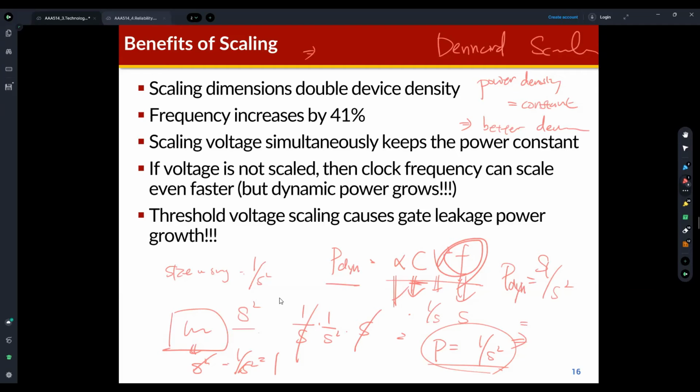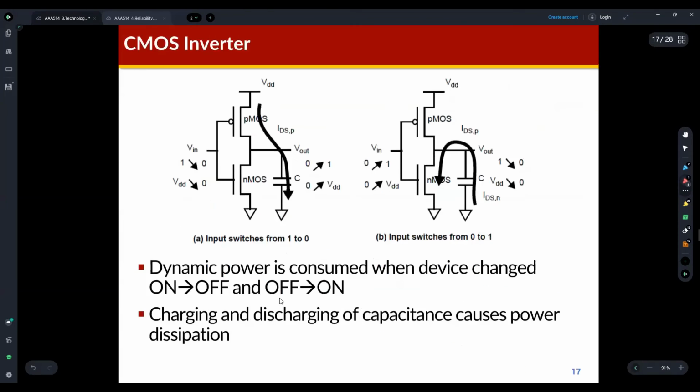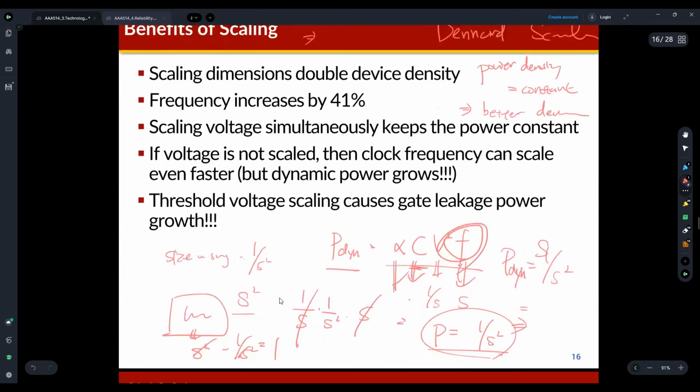Because power density is a very critical factor in processor design, the power is tightly coupled with the manufacturing cost and running cost. If the power density increases, we cannot use this device easily. So, I will skip this part.